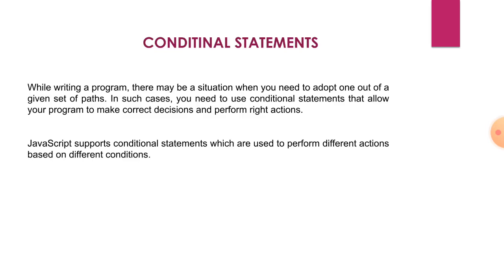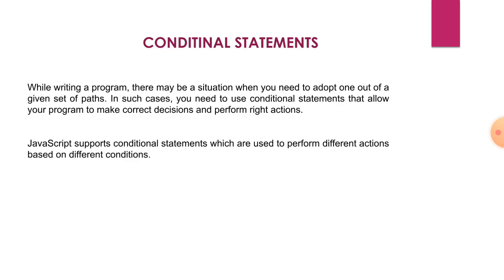When we are writing a program, there may be situations where we need to adopt one out of a given set of paths. In such cases, we need to use conditional statements that allow our program to make correct decisions and perform the right actions.